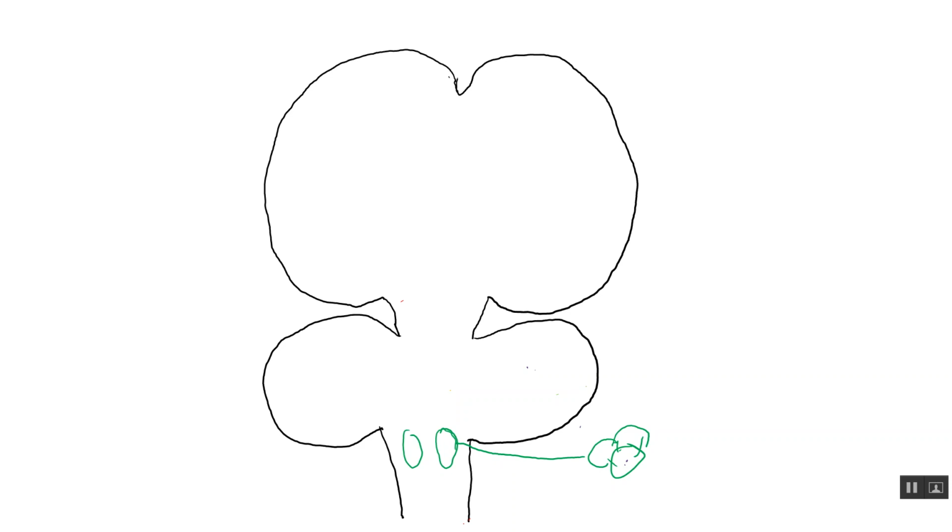Signals come into the vestibular nuclei. Then the vestibular nuclei send that signal to your cerebellar hemisphere. That information is processed.